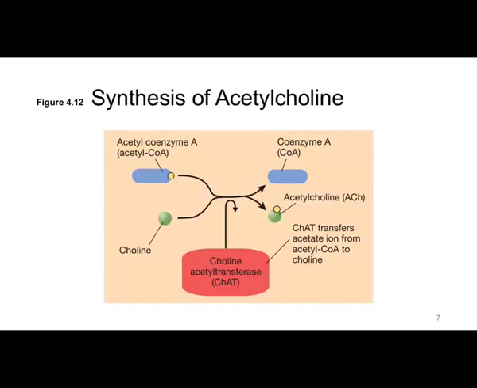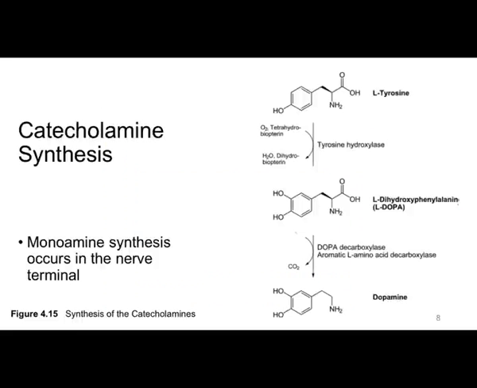Synthesis of acetylcholine depends on the enzyme choline acetyltransferase, which converts acetyl-coenzyme A and choline into our small molecule neurotransmitter acetylcholine and a side product of coenzyme A. In the monoamines, we can think about catecholamine and indolamine synthesis as 2 related but different processes.